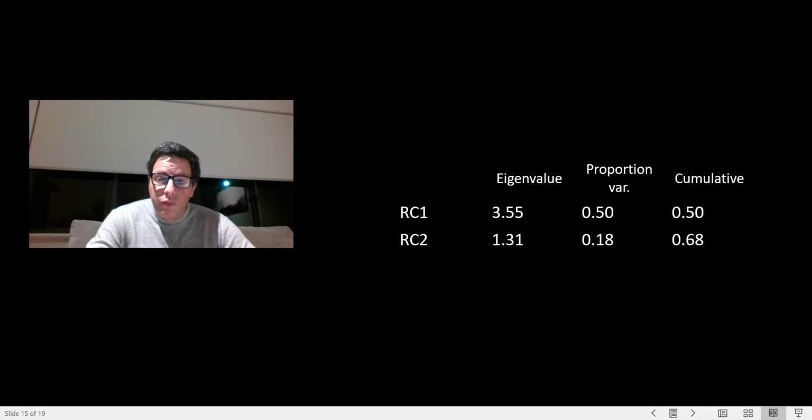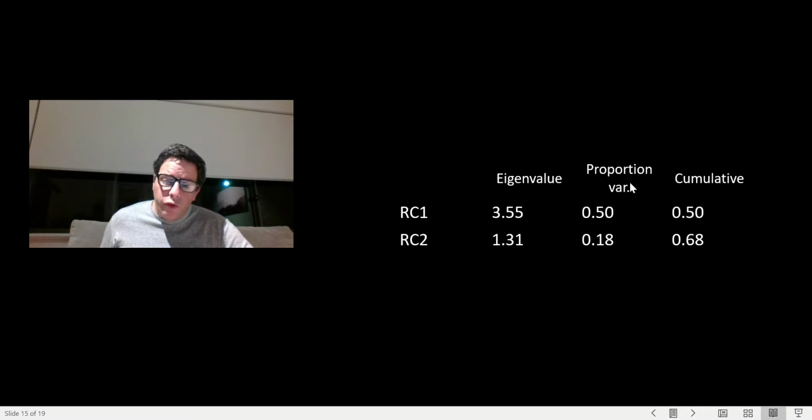And this is a way of presenting what I've just explained. We've got the principal components that remained after removing the components that we don't want to keep. And we've got the eigenvalue. So in this case, and it's always the case, the first principal component will have a higher eigenvalue, and the second one will have the second eigenvalue.